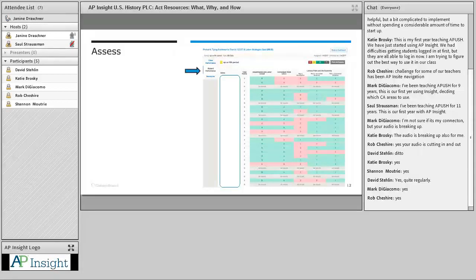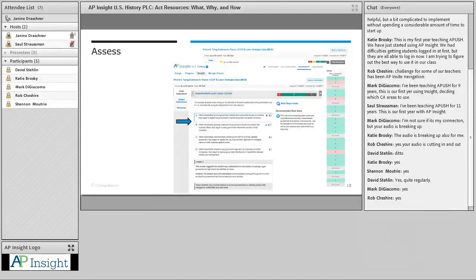When you click on a correct answer choice, you'll see the question and the corresponding explanation about likely student misunderstandings. When you click on an incorrect answer choice, you'll see the question, the correct answer indicated with a green check mark, and the student's incorrect choice.